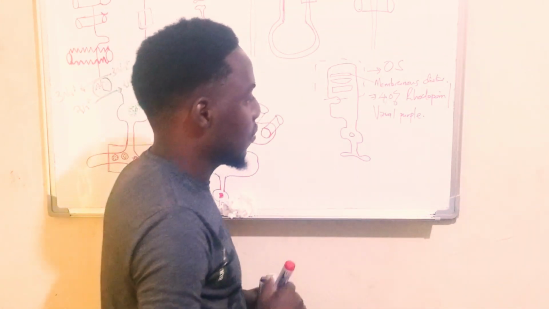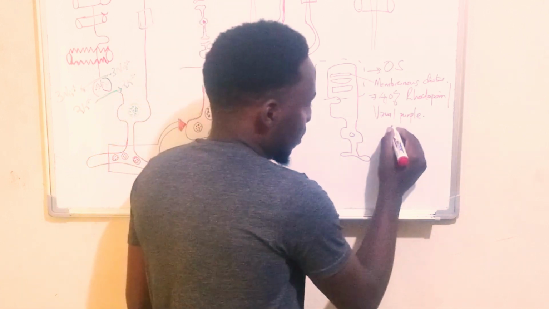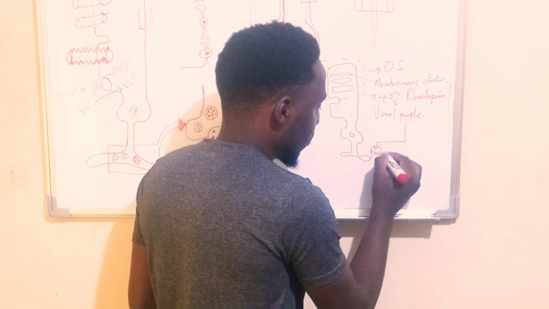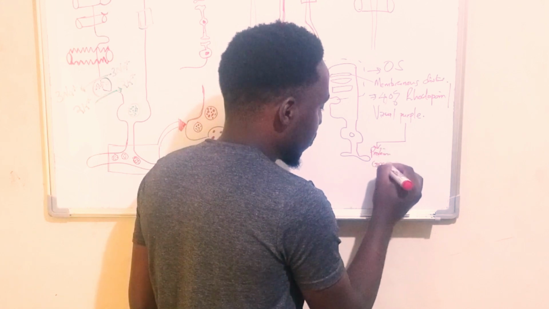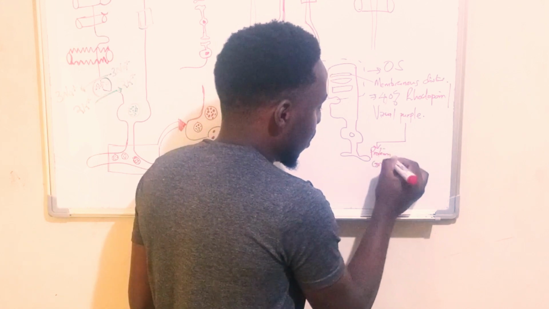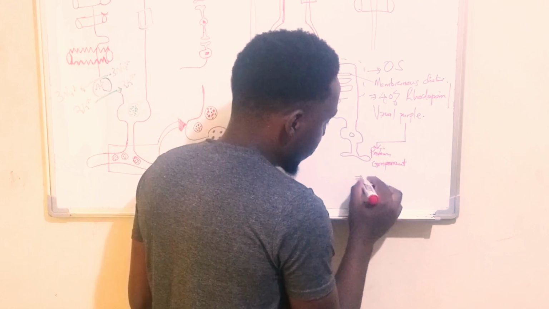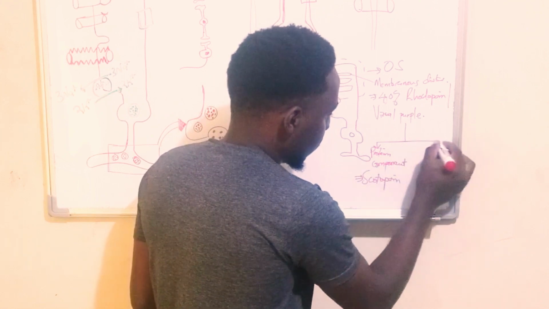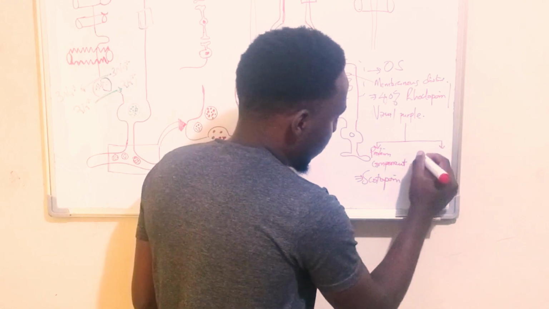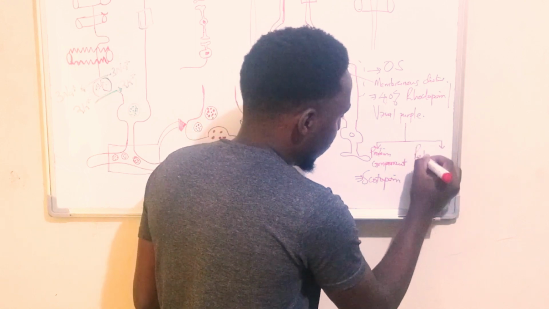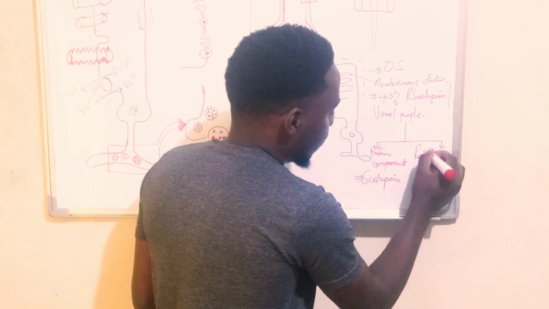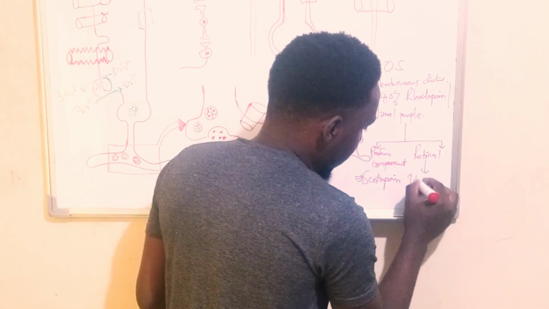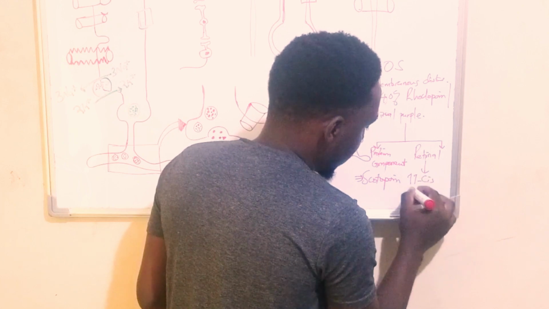It's also known as visual purple, and it is a combination of a protein component called scotopsin, as well as vitamin A or retinol. Now, this retinol is in the form of 11-cis retinol.